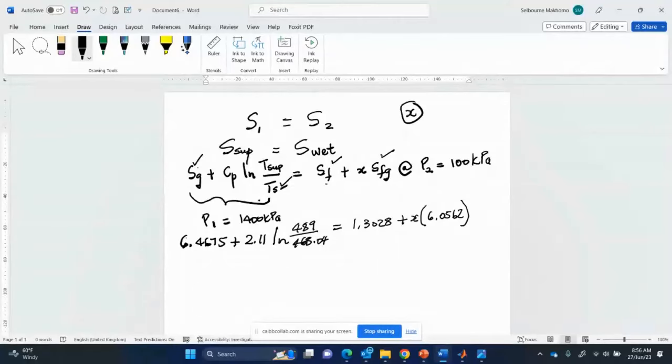You can also confirm from your side. If you get a different answer, you tell me. The answer given is 0.87, which is also correct, but I always prefer our answer to be in 3 decimal places.